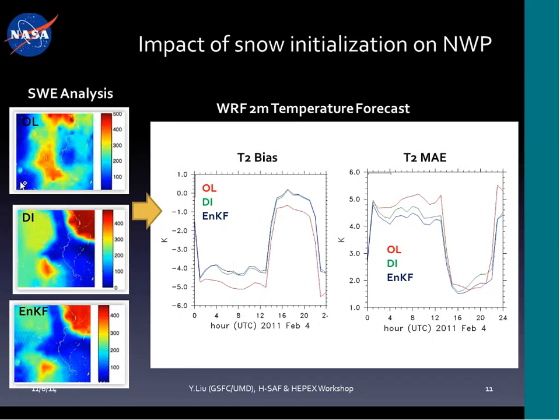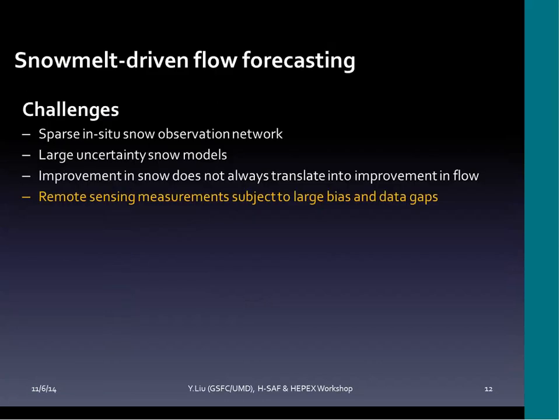Then we used that to initialize the Weather Research and Forecasting model, which is very popular in the US for numerical weather prediction. We do see some positive impacts on forecasts like temperature and wind, etc. This is just the first 24 hours, so we didn't look into the longer lead times.